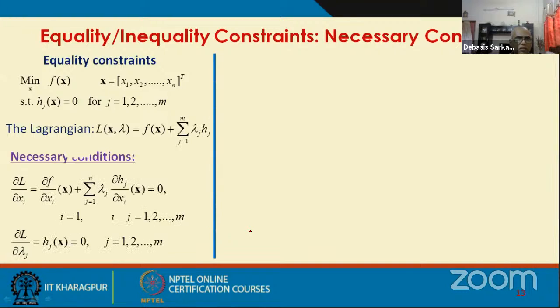So, summary. For equality constrained optimization problems, introduce the Lagrange multiplier and write the Lagrangian. Set the gradient of the Lagrangian equal to 0. So the derivative of the Lagrangian with respect to decision variable x as well as the derivative of the Lagrangian with respect to the Lagrange multiplier.